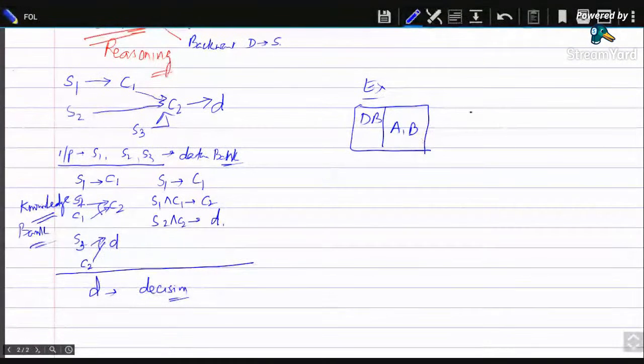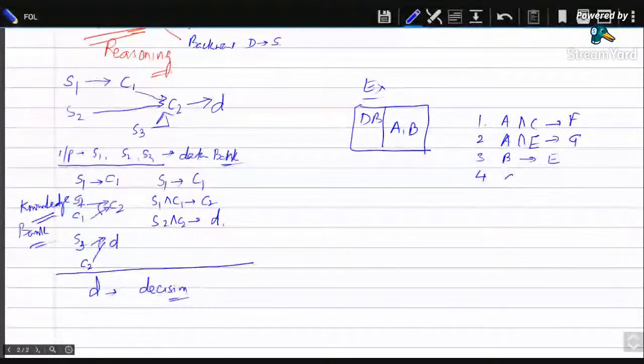And then we have the knowledge bank, where the first one says A and C implies F. The second one says A and E implies G. The third one says B implies E. And the fourth one says G implies D. So that is what we call the knowledge bank.